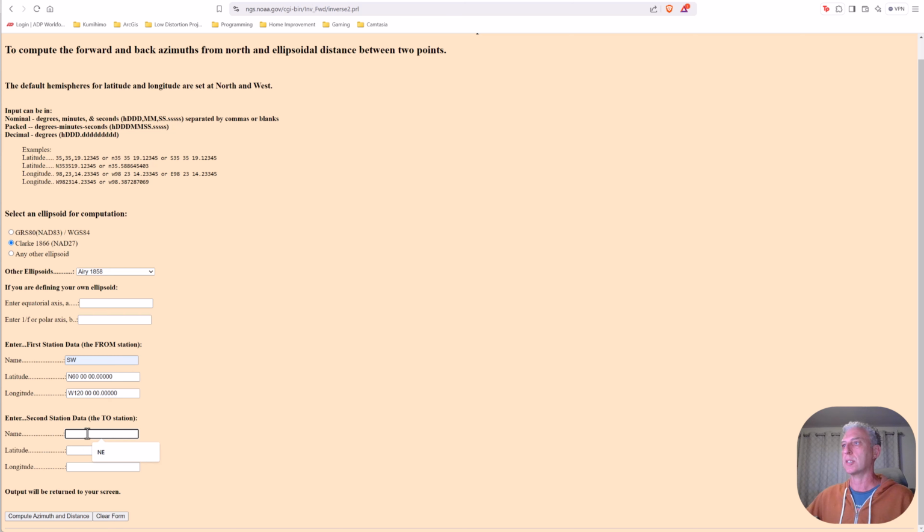So let's see, second station data. We'll call that one northeast, and I'm going to say it has a north, I'll do something different, 60 20 00.0000, and I'll say west 120, space 00, let me give it 10 space 00.0000.